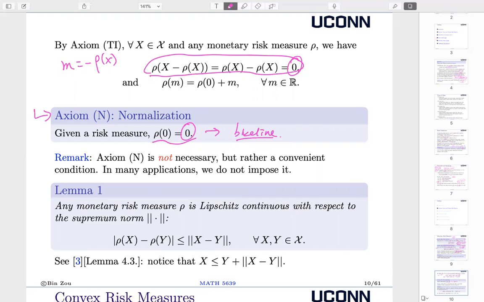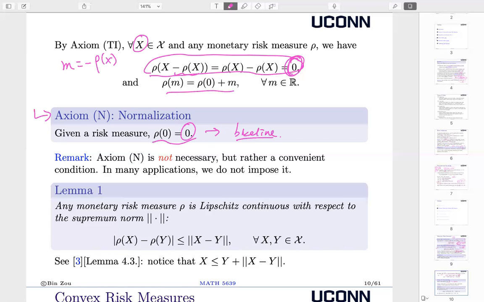So from here, if it is involved in some kind of risky business as measured by X, the company can reserve exactly this amount, rho of X, to eliminate the risk. Here, eliminate means from the risk measure point of view, not eliminate all the losses.